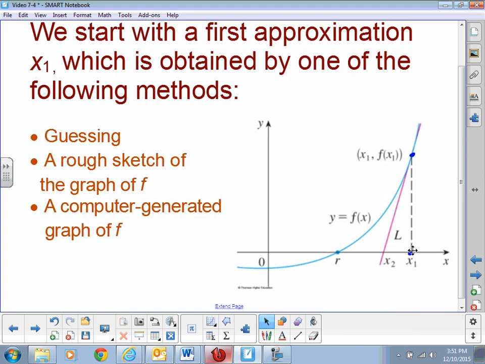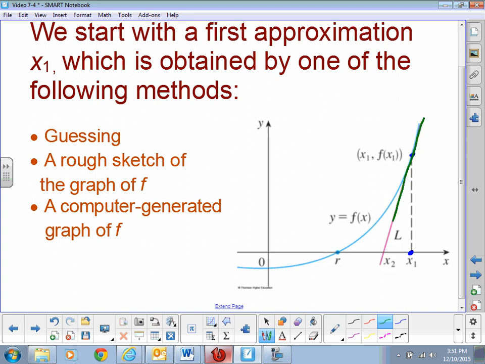We know how to find a tangent line equation if we know a point, which we now have, and if we know the slope. The slope we can get from just taking the derivative of our original curve. Even if it's a really big, high-degree polynomial, we can still find the derivative. We can sub in our x value, and that'll give us the slope. So we can get this tangent line equation.